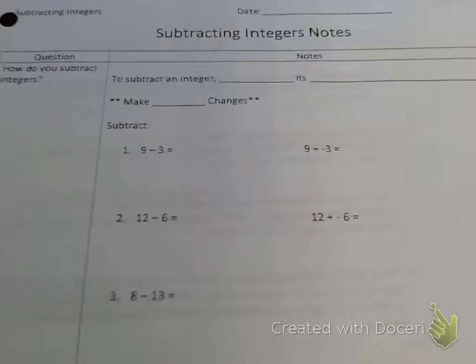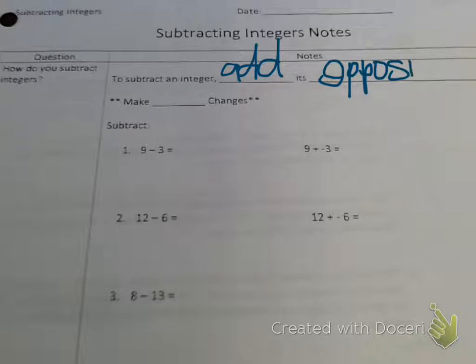Alright, 7th graders, so to subtract integers, we're going to add its opposite. One thing I will say is you can remember this if you remember to make two changes.